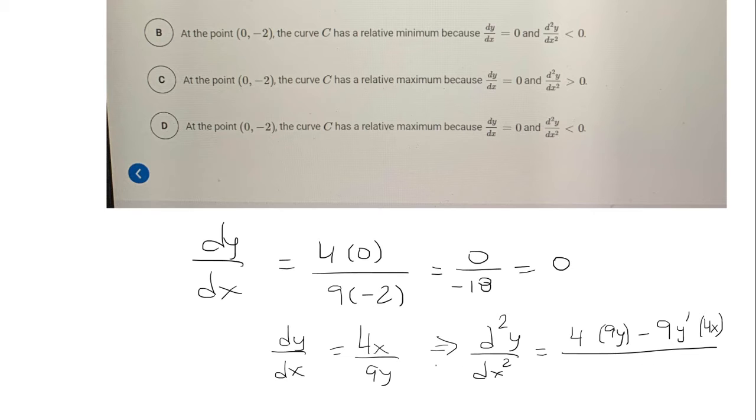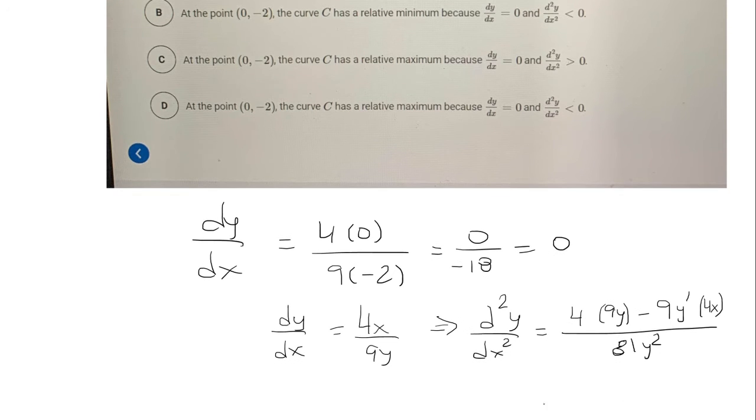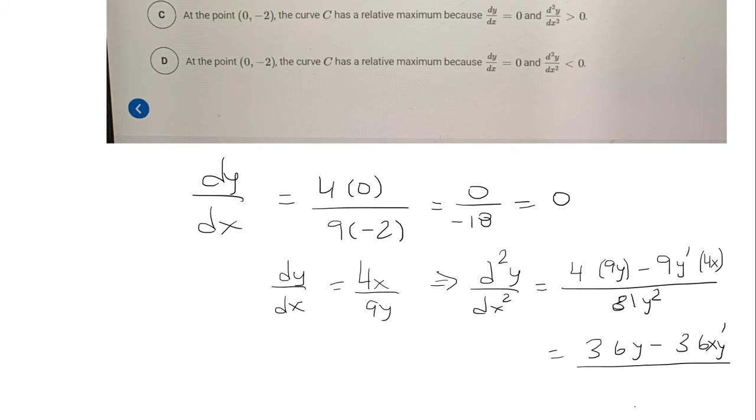And then the denominator, we have to square 9y to get 81y squared. So we simplify this. We have 36y minus 36xy prime all over 81y squared.